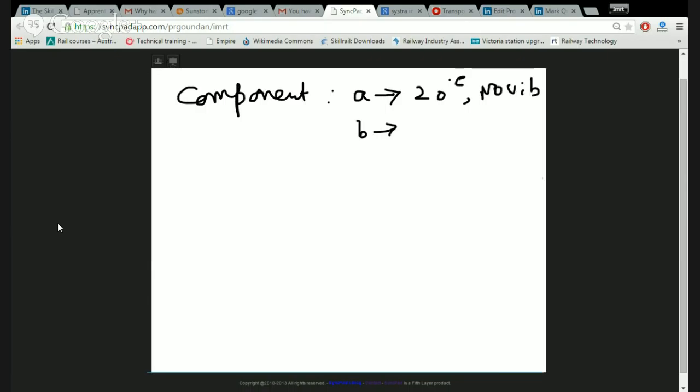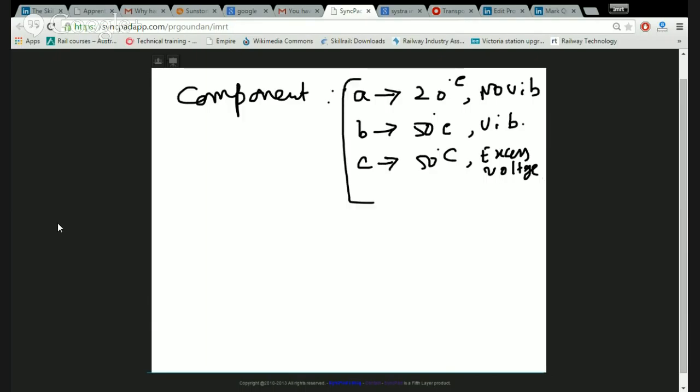Application B may use it at 50 degrees centigrade, with vibration. Person C may use it at 50 degrees centigrade, no vibration, but excess voltage. So like this, these are all the different environments in which it will be used.